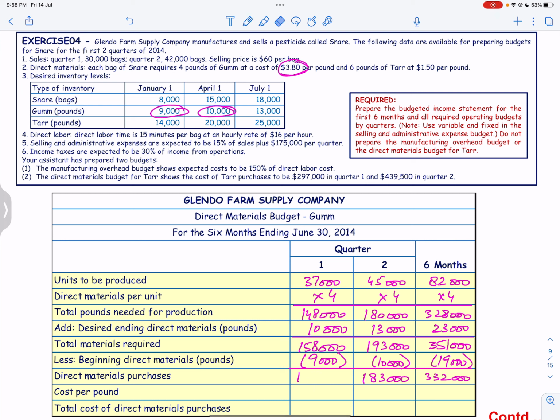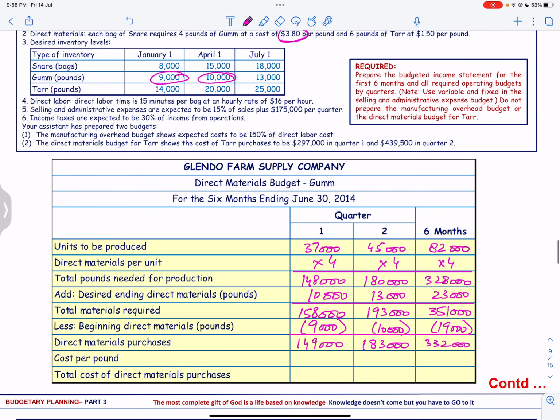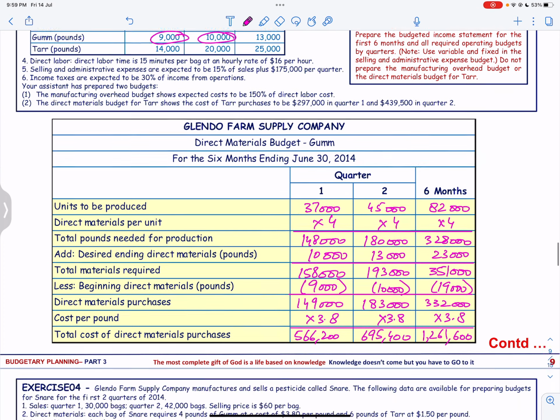So we will multiply this by 3.8, and this will be equal to 566,200, 695,400 and 1,261,600. Now once we prepare the direct material budget, the next will be the direct labor budget.